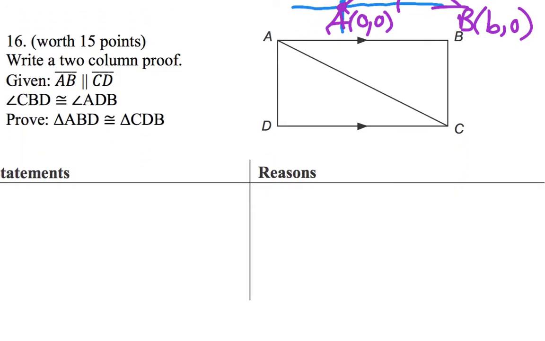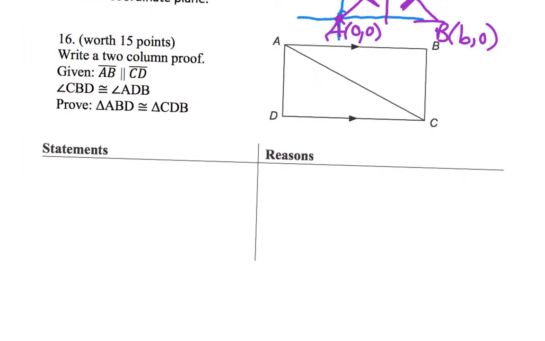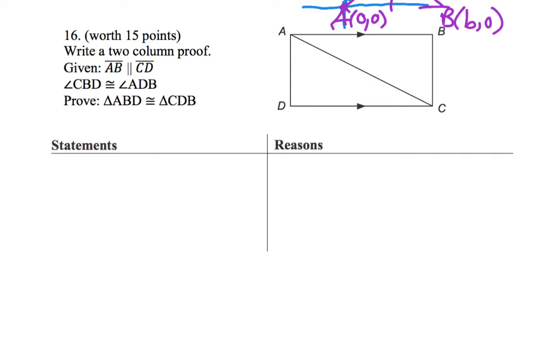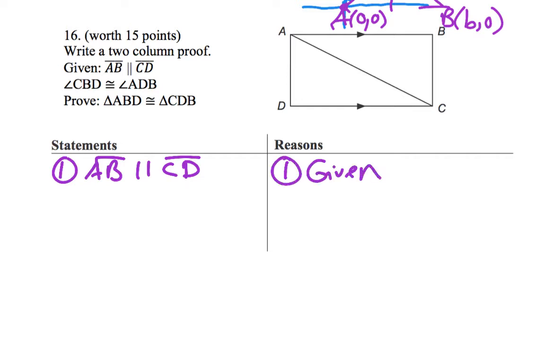All right, our proof. It says that AB is parallel to CD. So statement 1, AB is parallel to CD. And it's given. It also says that angle CBD, so I need to draw another diagonal.